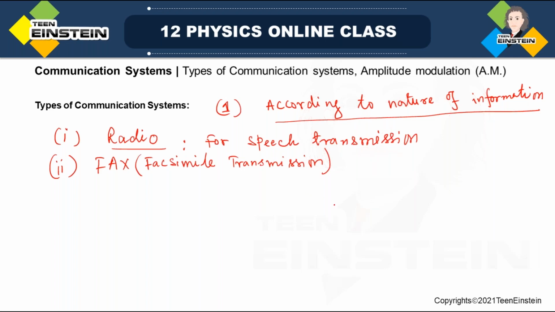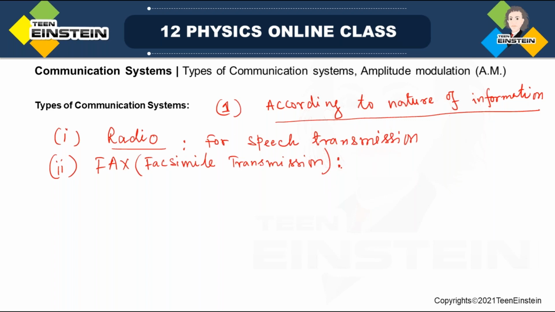So what is done in this facsimile transmission? Actually, still pictures or documents, like an admit card or mark sheet.